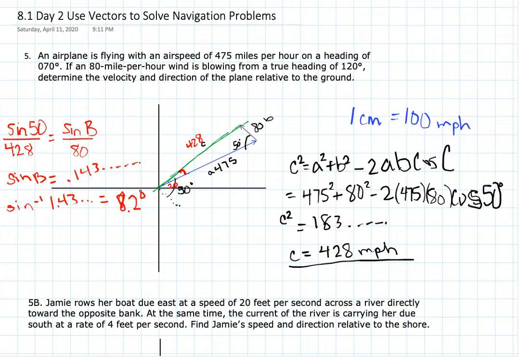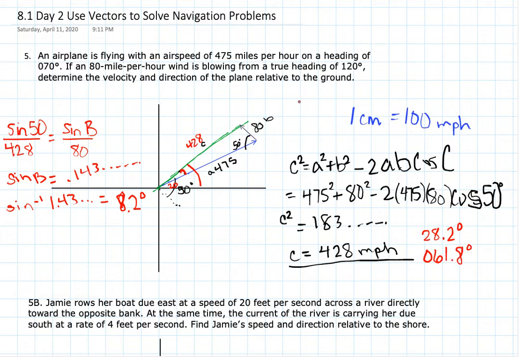So it asks for the direction of the plane relative to the ground. I would assume that means it wants this, but maybe it wants a true bearing. Either way, we have enough information, we can figure it out. So we can say it has a direction of 28.2 degrees, or we could say it has a direction of 61.8 degrees true bearing.